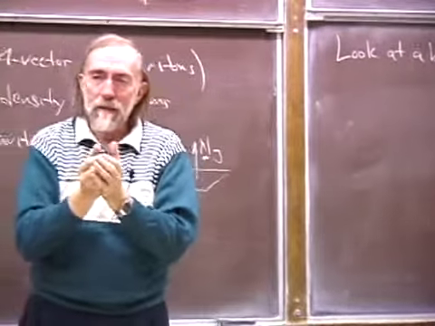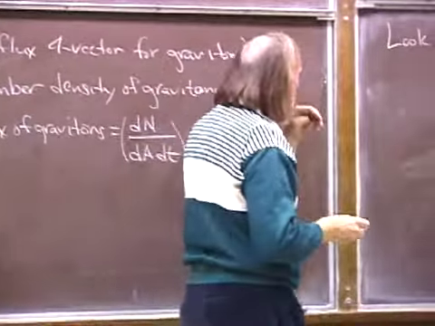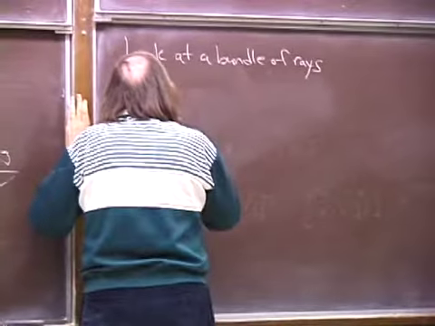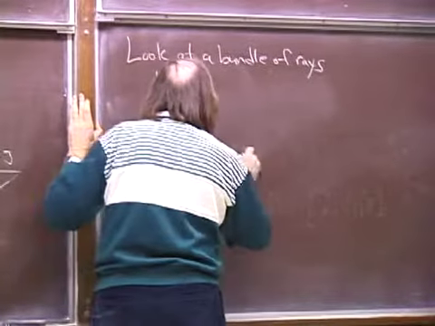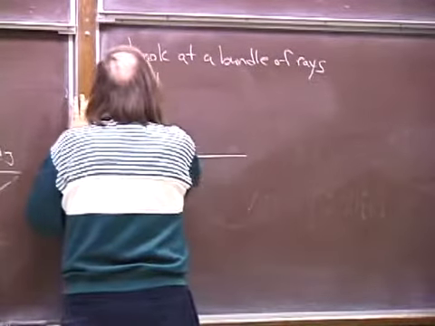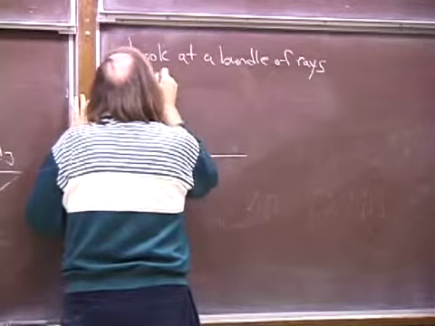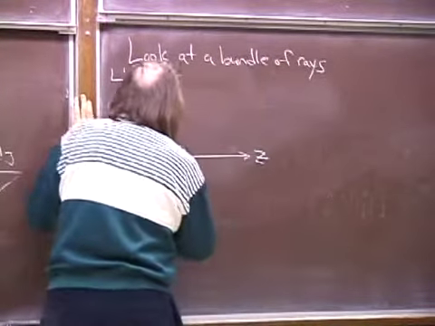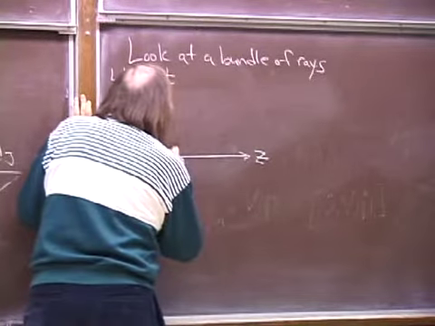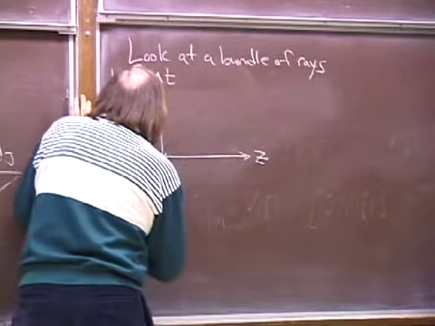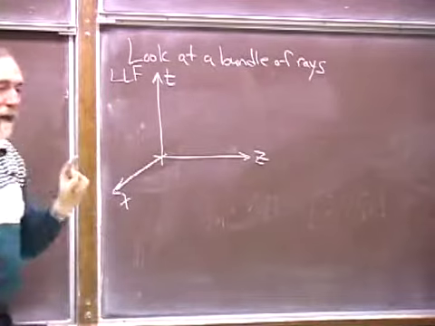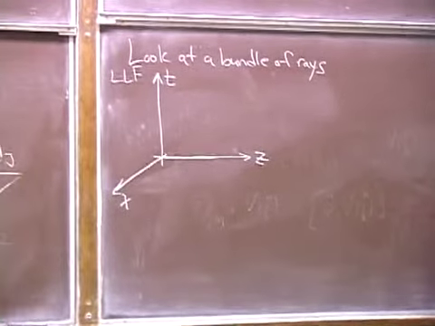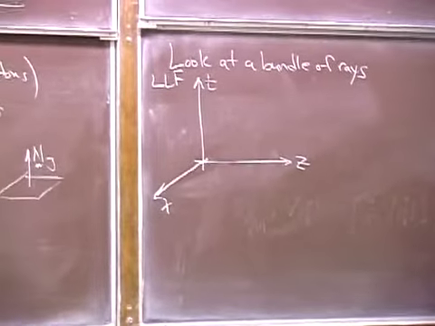Now let me draw a space-time diagram to illustrate what is meant by this bundle of rays from a space-time viewpoint. This is in our local Lorentz frame: here's the t direction, here's the z direction in which the waves are propagating, and here is the x direction, and I'm going to suppress the y direction. Okay. And I want to draw this diagram a little bit carefully.